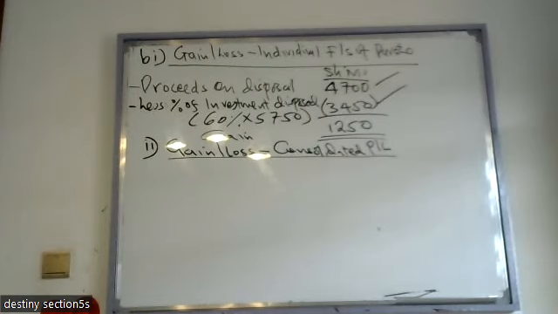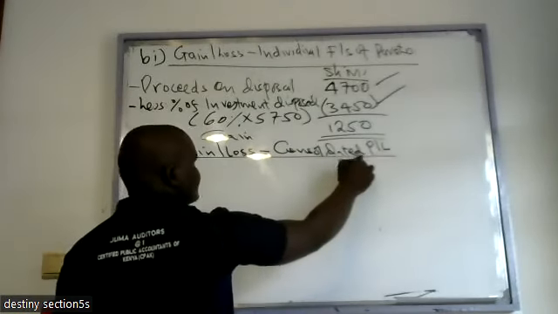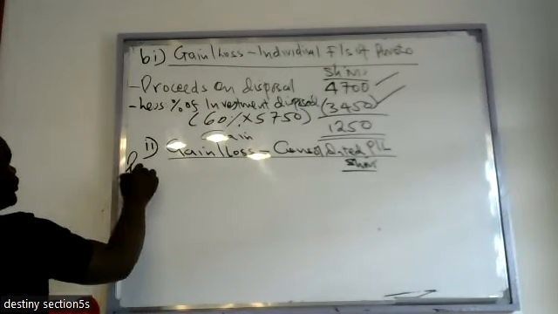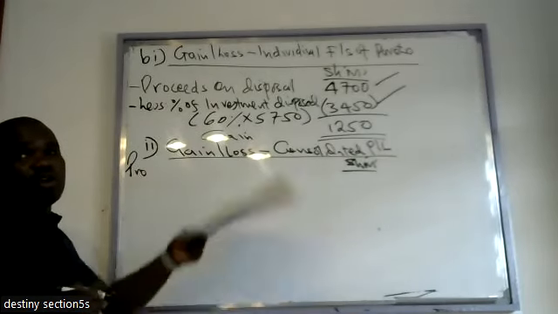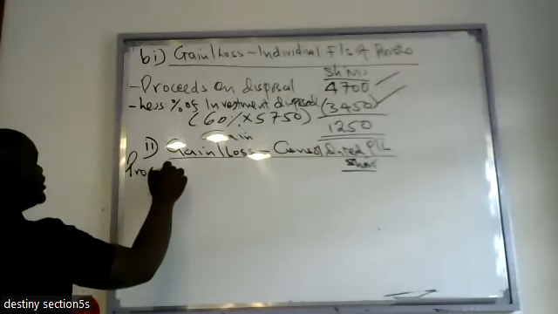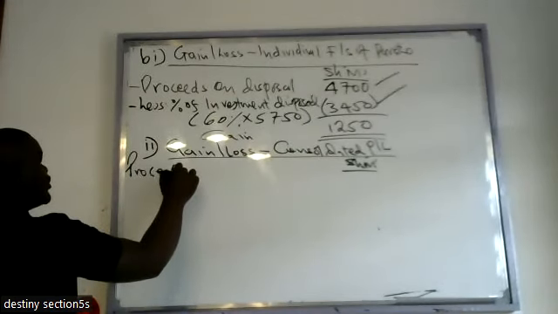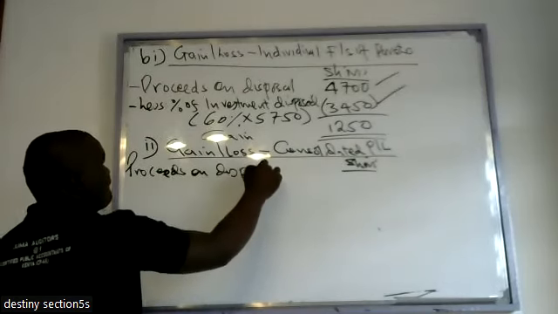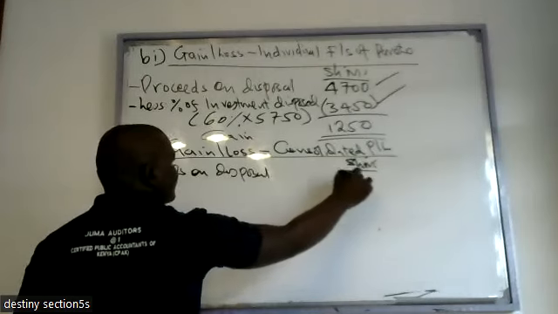So you have read on your own, and you have seen the procedure. So the procedure is the same. You still start with the proceeds. Whether it is consolidated or individual, the process is the same. So proceeds on disposal, 47.